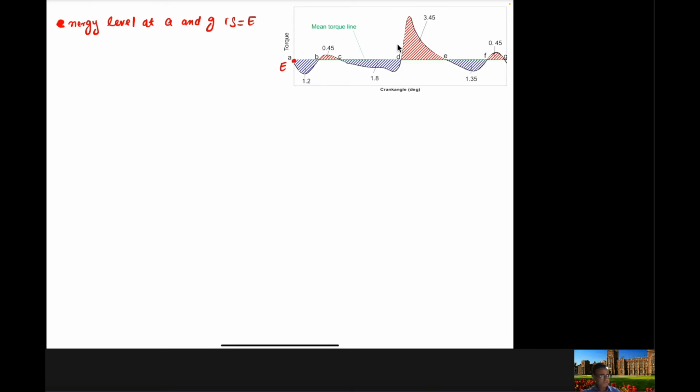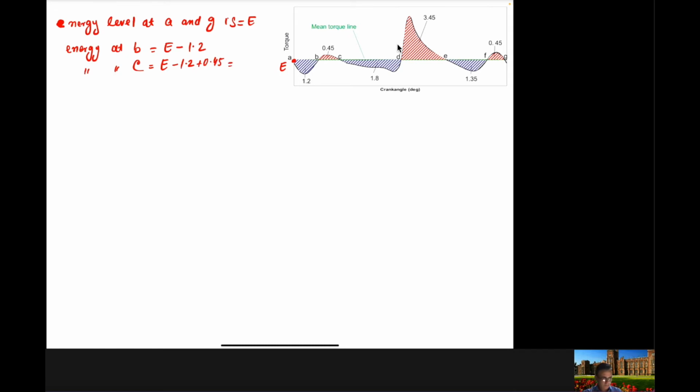So the energy at B will become the energy at A, which is E, and then you subtract 1.2 here because it's a negative energy. Now you want to calculate the energy at C here. So you take the energy at B, which is E minus 1.2, and then you add 0.45.